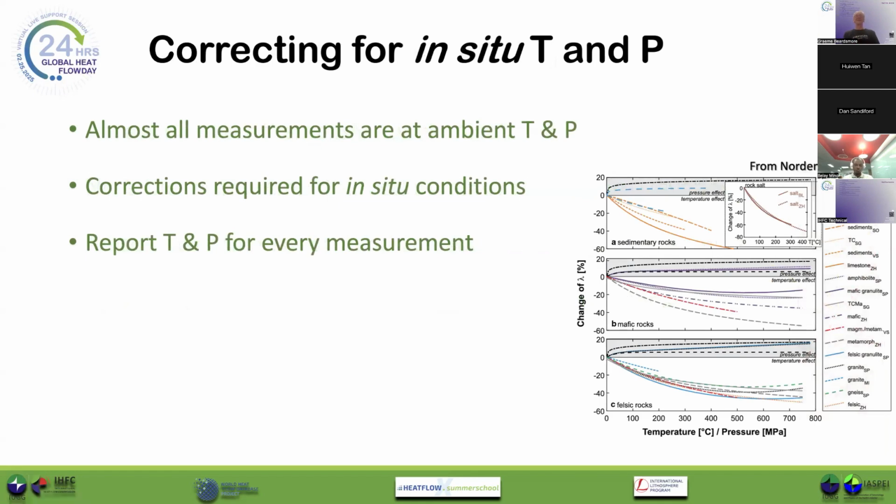And then the final step, once we've selected the samples, prepared the samples, taken very carefully controlled measurements, considered the possibility of anisotropy, then we need to correct our measurements for in situ temperature and pressure conditions where we're really interested underground. So almost all measurements are typically made at ambient temperature and pressure in a laboratory.